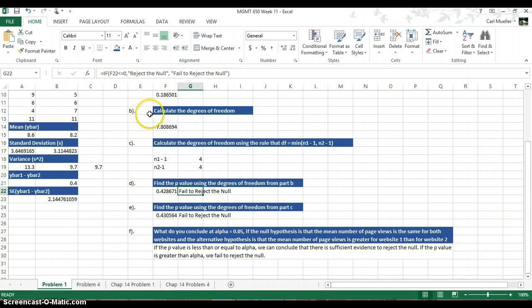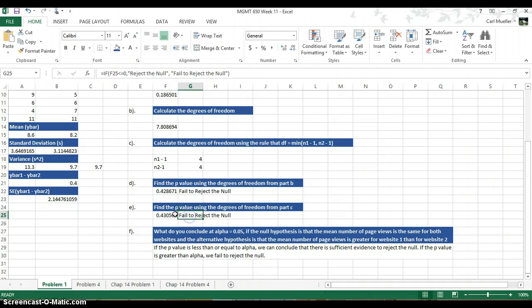F22, what's F22 over here in this case? It is our p-value using this degrees of freedom. See? And so, fail to reject the null. It is greater than 0.05.